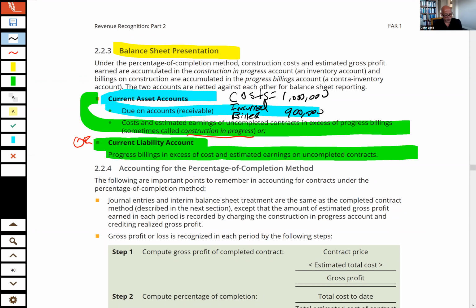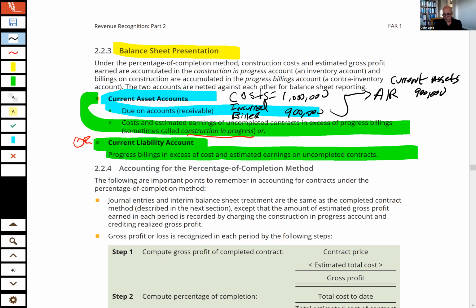So we've only been able to bill up to this point less than our cost, haven't we? Under that scenario, we will have these two current assets. One current asset will be accounts receivable, 900,000, because that's what we've billed.